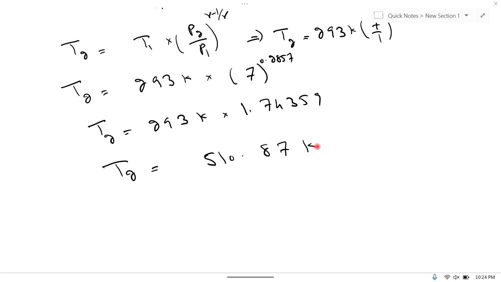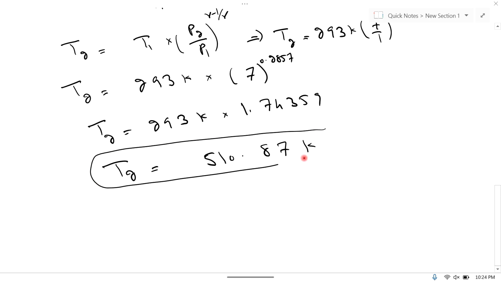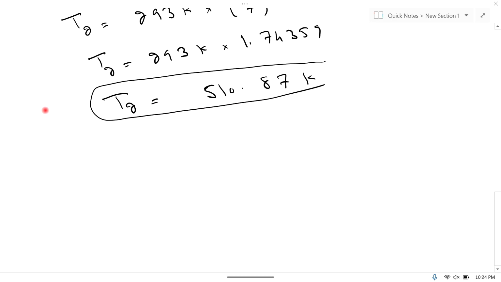Now we are finding T4. Similarly, I can write the formula: T4 divided by T3 is equal to P4 divided by P3 to the power gamma minus 1 divided by gamma.